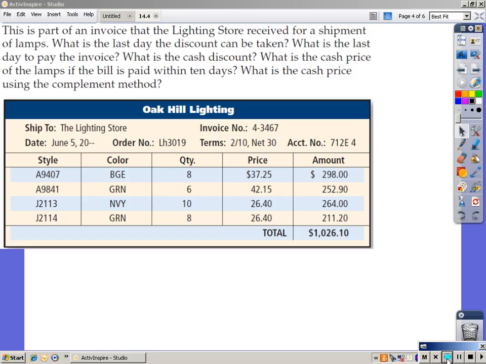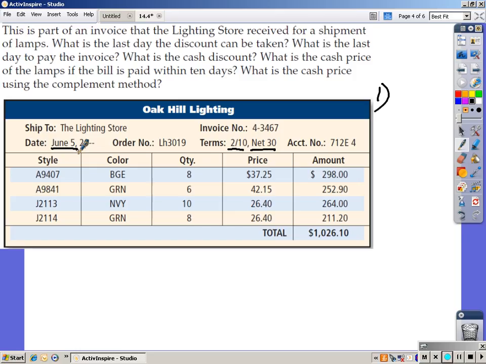Question number 1 says, what is the last day the discount can be taken? Well, my terms are 2/10 net 30. My date is June 5th.